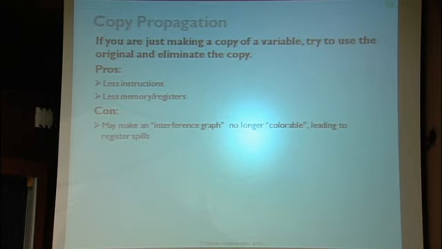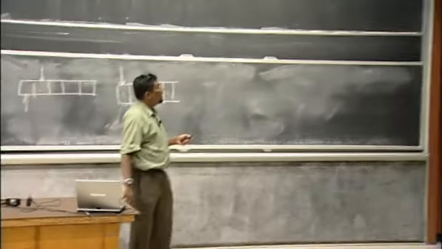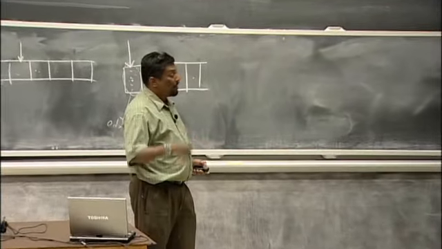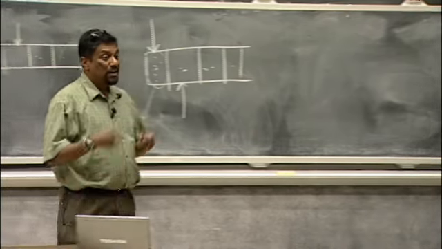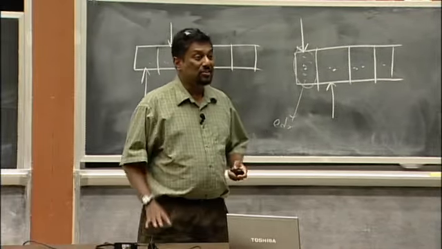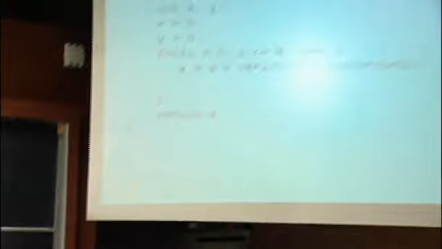So that means I might have some variable in a register that affects what you call my interference graph. I will talk about this in a little while, so I'm just forward referencing. That might not be easily register allocatable. And so in here, x equals x, I can get rid of that.